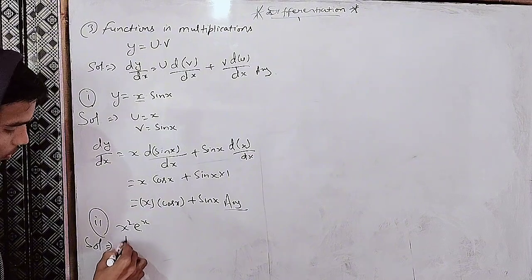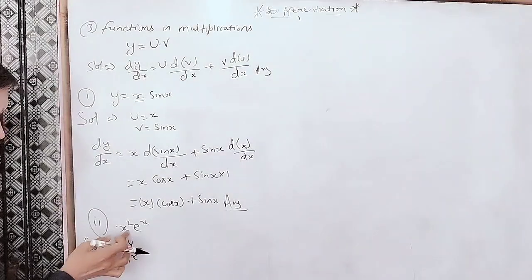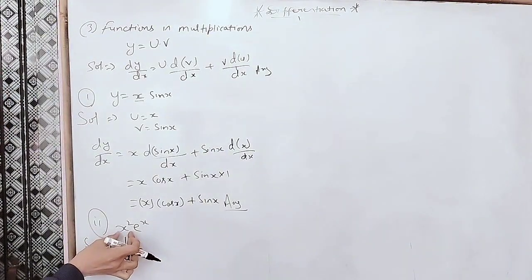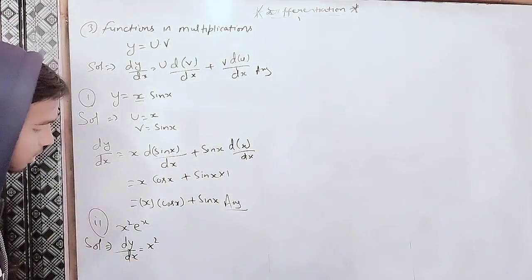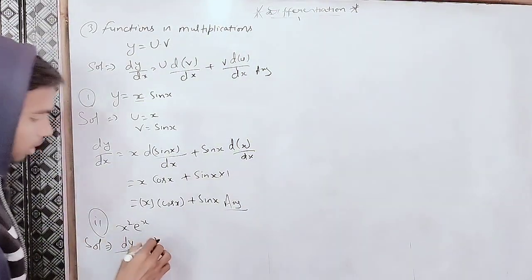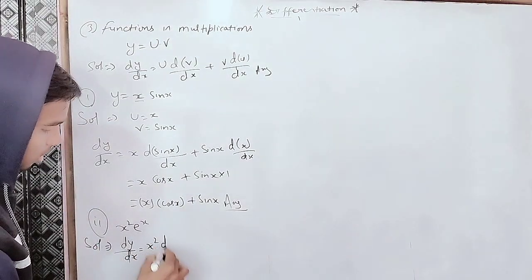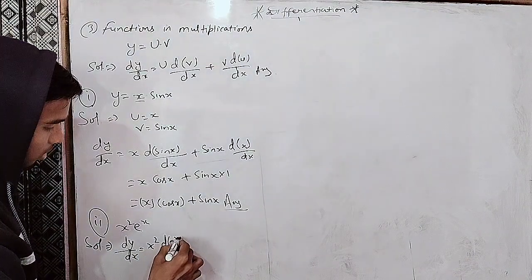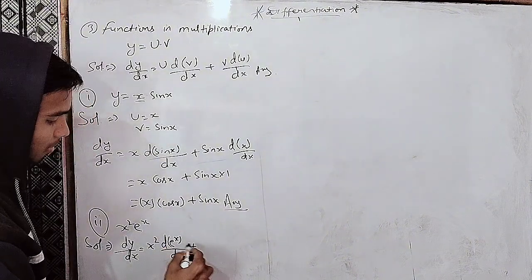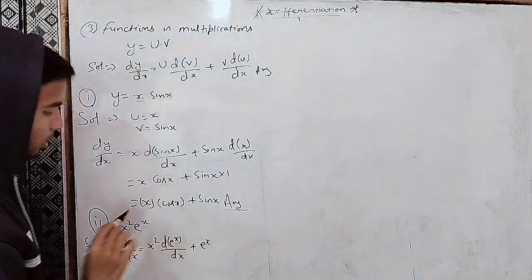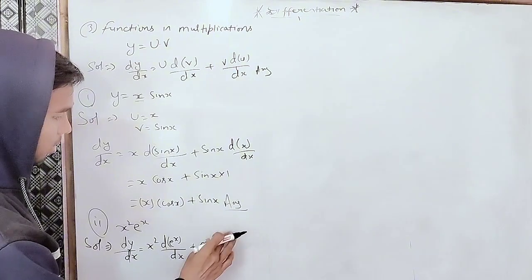Of course we can write directly. First, we will just put the first as it is. Second, we will do differentiation, and then we add. Then we will put the second.